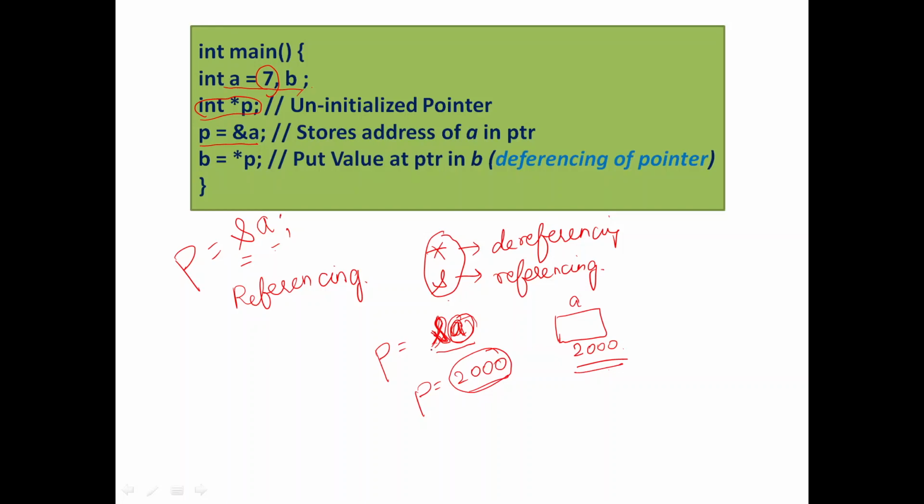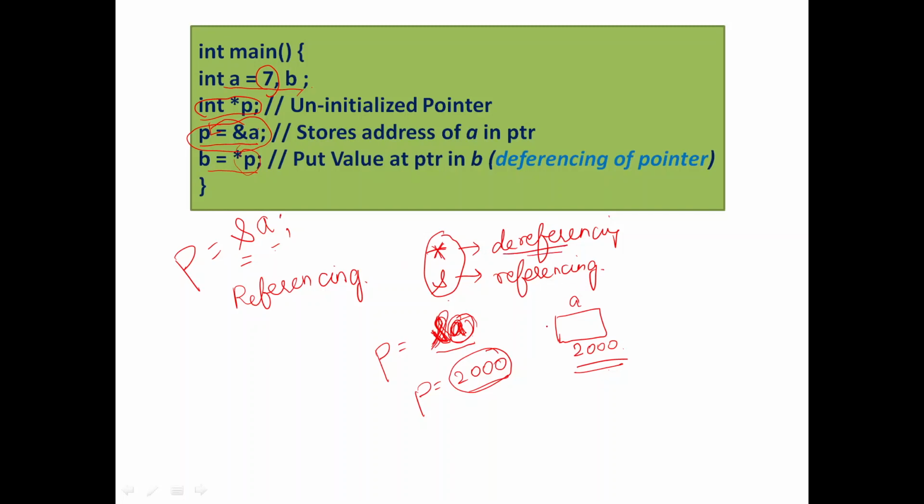So ampersand symbol is the referencing operator. The address of the variable a is referenced and it is stored in the pointer variable p. In this line, we are dereferencing the pointer variable. I have told you the asterisk symbol is used for dereferencing.